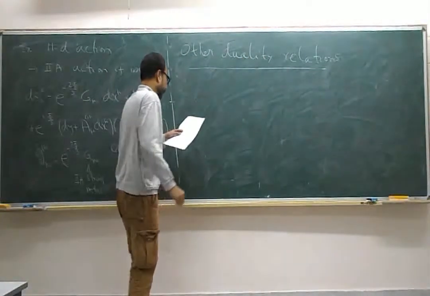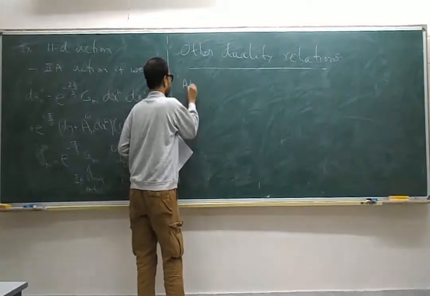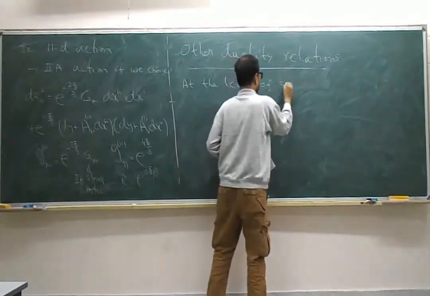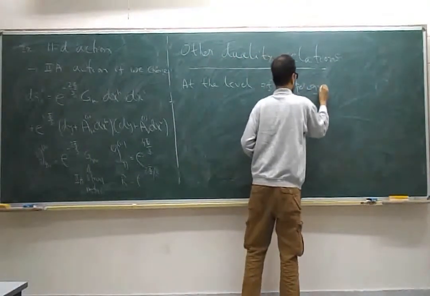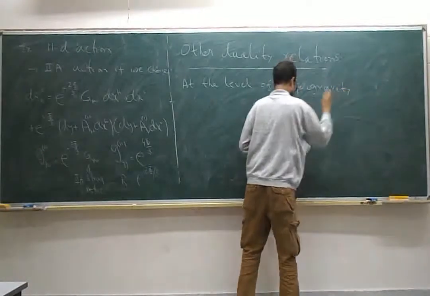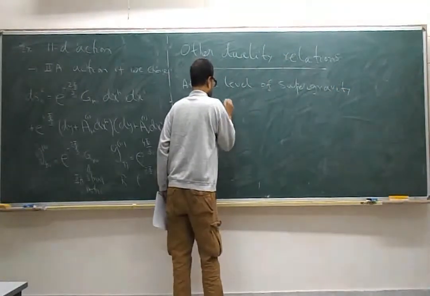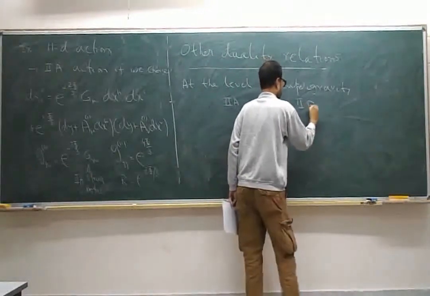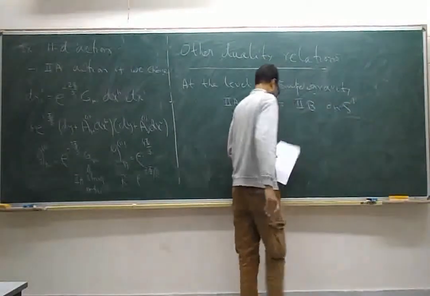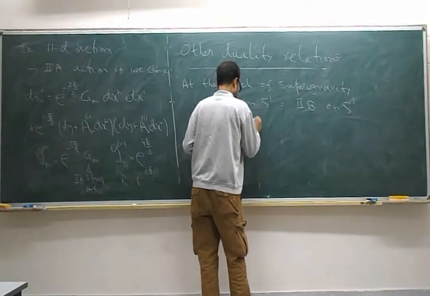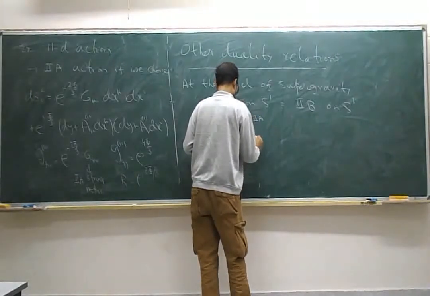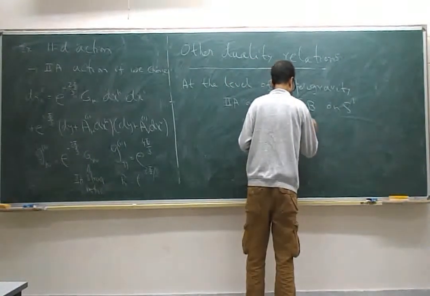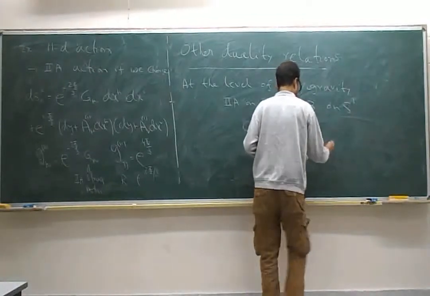So at the level of supergravity, type 2A on S1 is type 2B on S1. I'll write down the relationship. G_2A,YY is some constant k over G_2B,YY, where k is arbitrary.